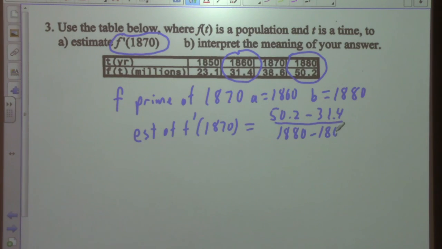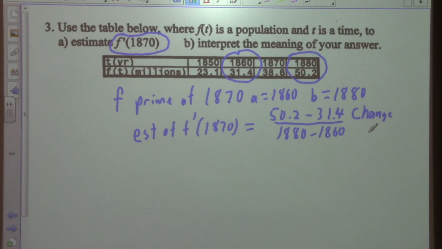Then you would say, what would the interpretation be? How would we write this? What would the units be? A word that starts with C. Change.